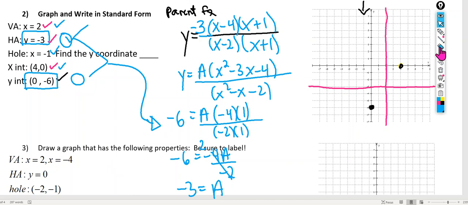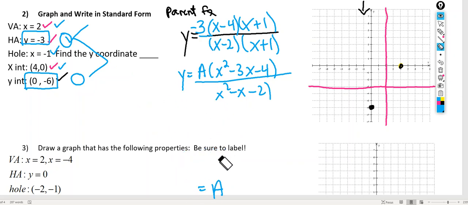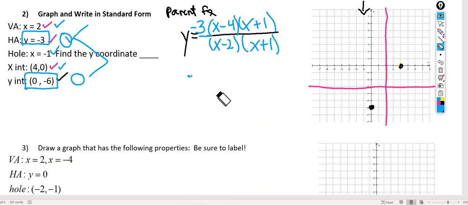All right, so now I'm just going to erase this stuff here, okay? And we have our equation, all right? And let's go ahead and check the y-coordinate of the hole.